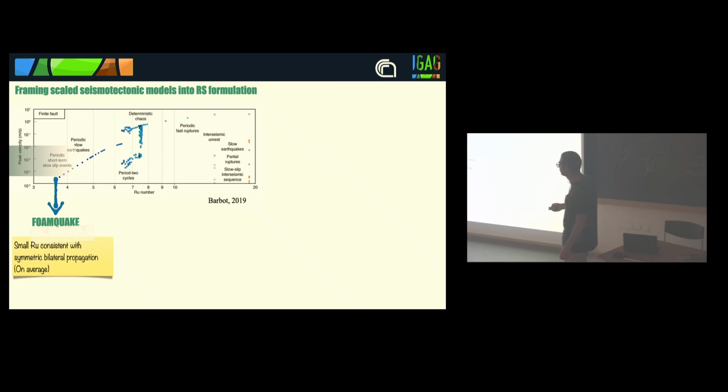A smaller Ruina number is consistent with symmetric bilateral rupture propagation from the center of the asperity.